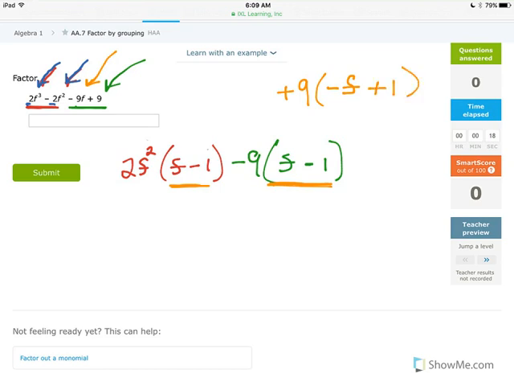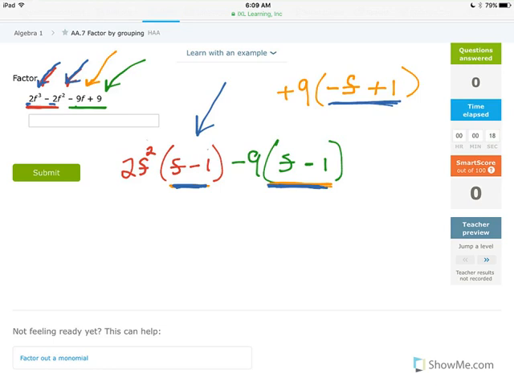And notice that this does not match the other set of parentheses that was left behind. So in order for factor by grouping to work, you have to be left with the same identical common factor in parentheses. So sometimes you need to factor off a negative or a positive.